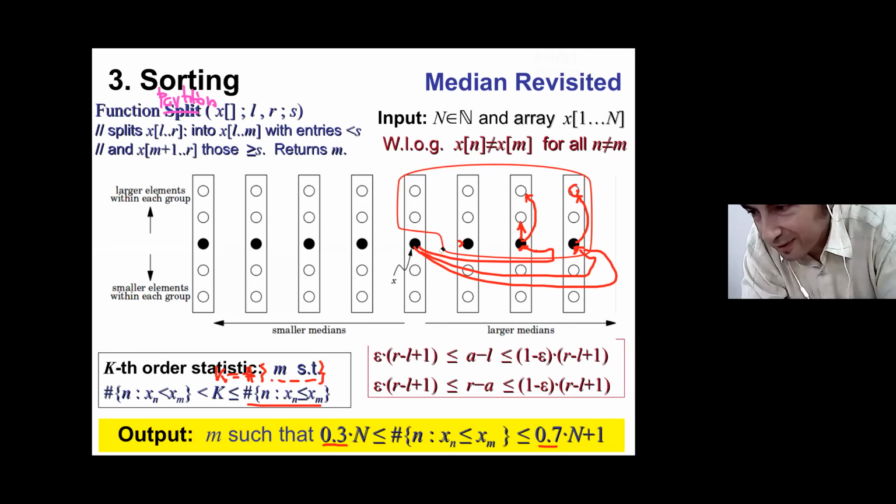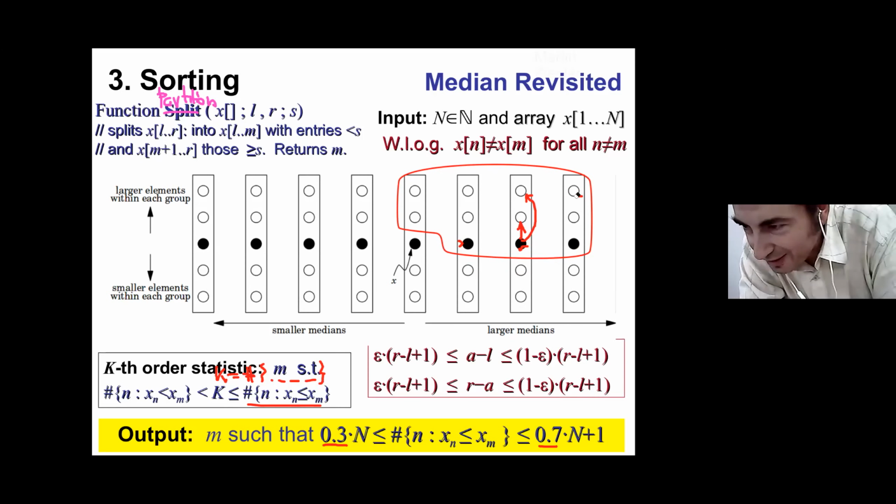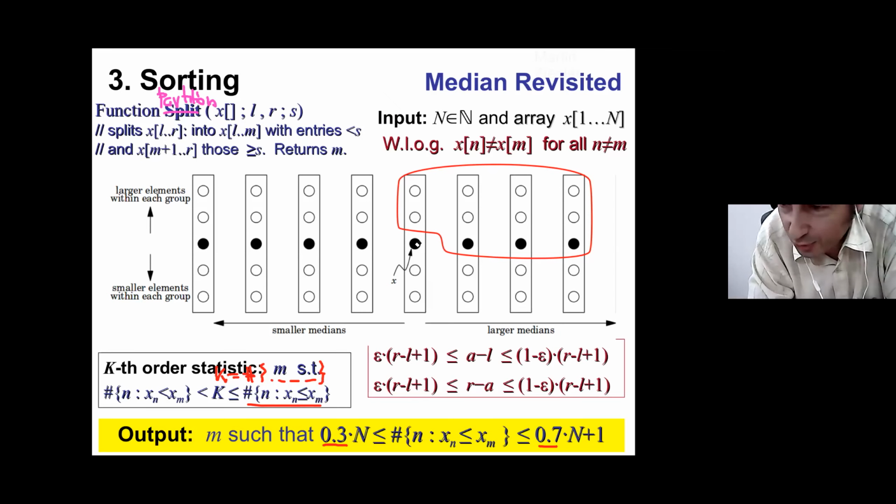Now count the elements in this red area. Of course, the elements above x in the same group are also there. So how many elements do you have?